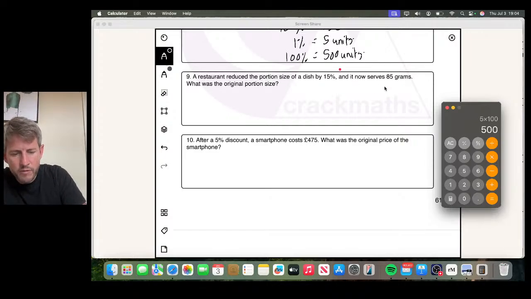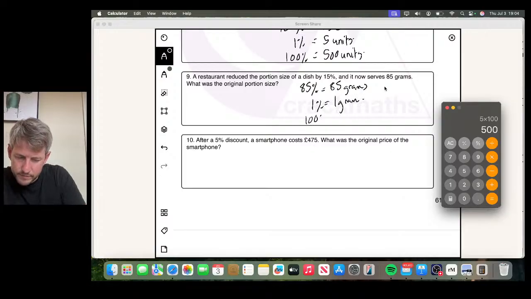So a reduction of 15% means we're looking at 85%. So 85% is 85 grams. Oh, this is nice. So that means that 1% would equal 1 gram, which means 100% would equal 100 grams.